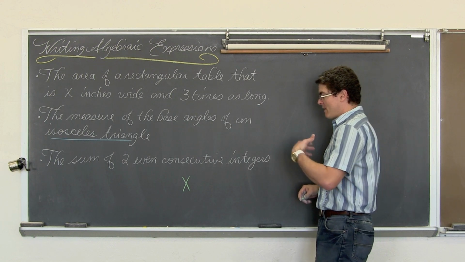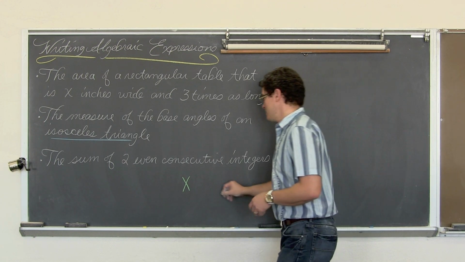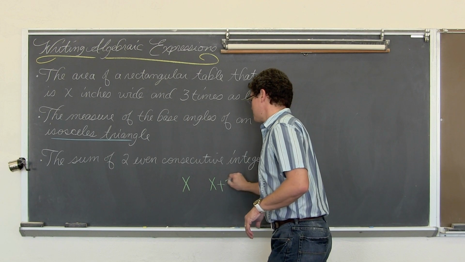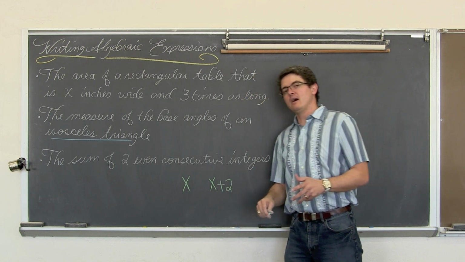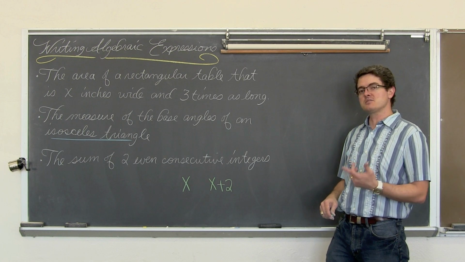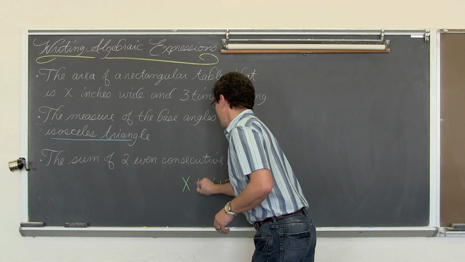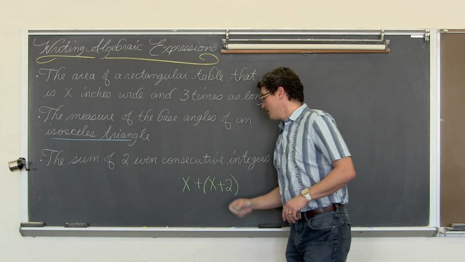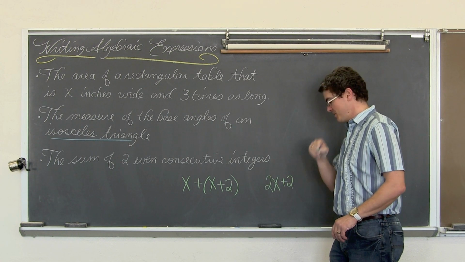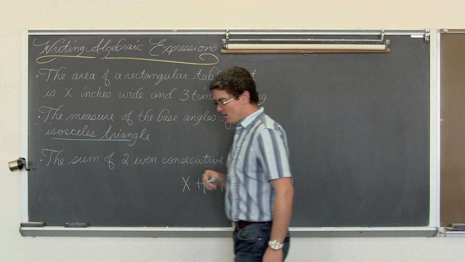And my next even integer is going to be whatever this is plus 2. Now, if I want to find the sum of these two even consecutive integers, I'm going to put a plus sign here and end up with 2x plus 2.